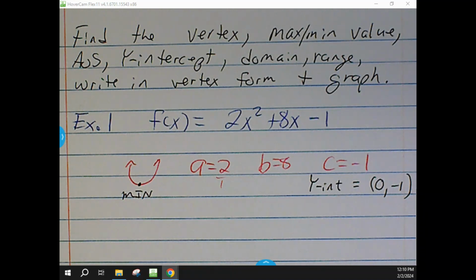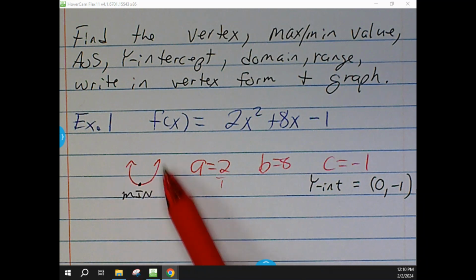All right, so that's the things you can get just by looking at it. We know what the A value is, which tells us which way the graph is going, and if we know which way the graph is going, we know if we've got a maximum or minimum in this case.